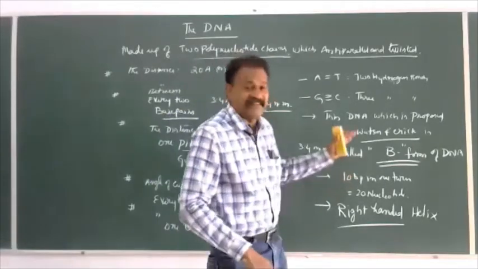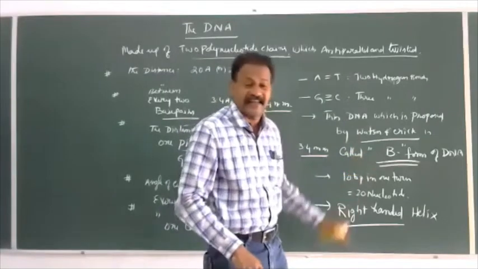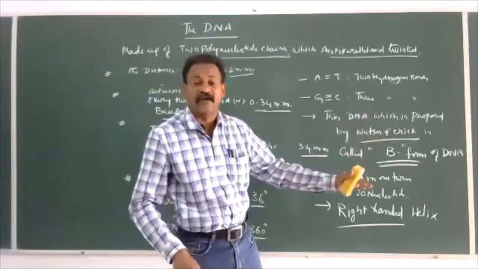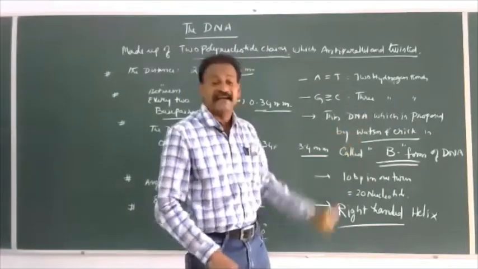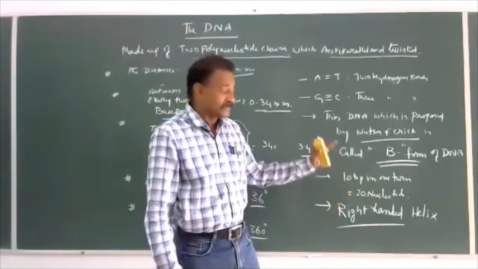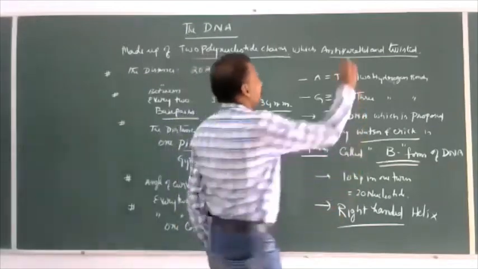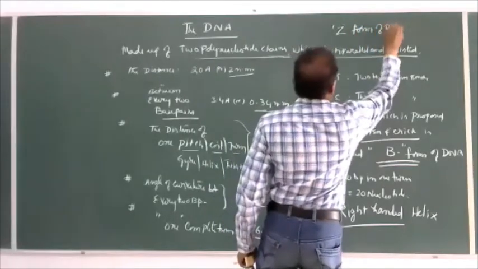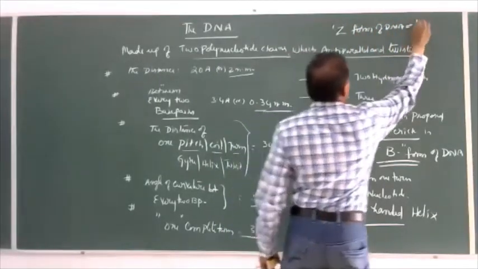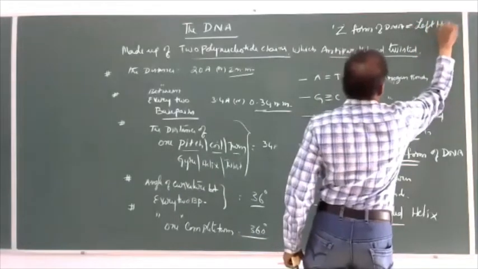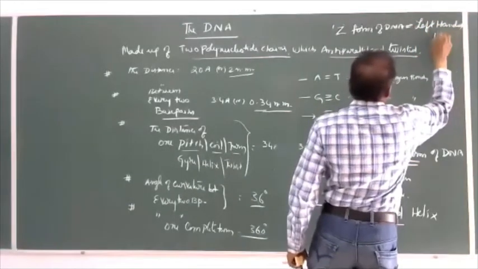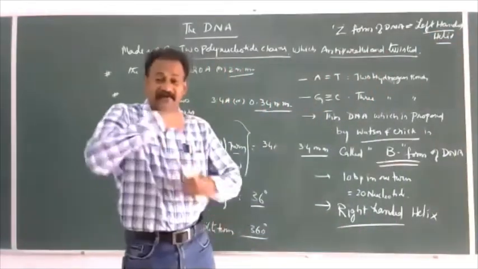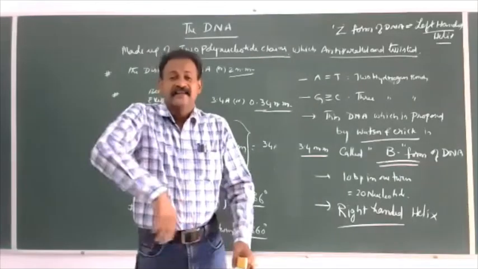After the discovery of B form of DNA, later they identified some other forms, A form, C form, D form, all having right-handed helix, except the form studied by Rich, which is called Z form of DNA. Z form of DNA is a left-handed helix. The coiling of the polynucleotide chain around its own axis is left-handed.